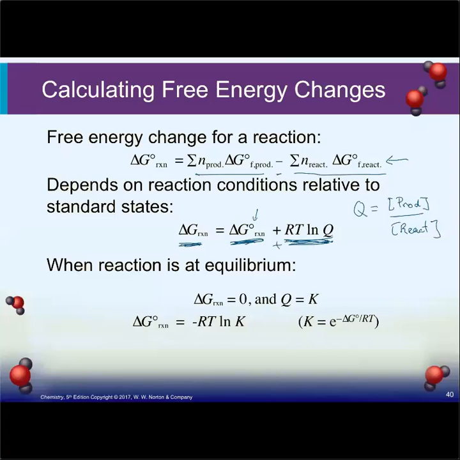So when a reaction is in equilibrium, the delta G of that reaction has to be equal to 0. Otherwise, it would not be at equilibrium. Remember that equilibrium happens when the reactants and products reach their respective levels, and so the rates become the same; the concentrations become the ones that make the rates the same.